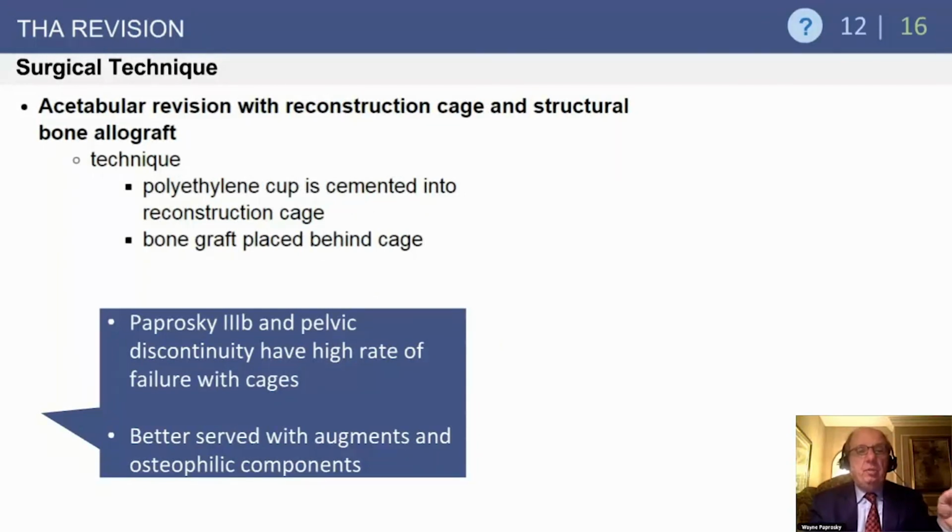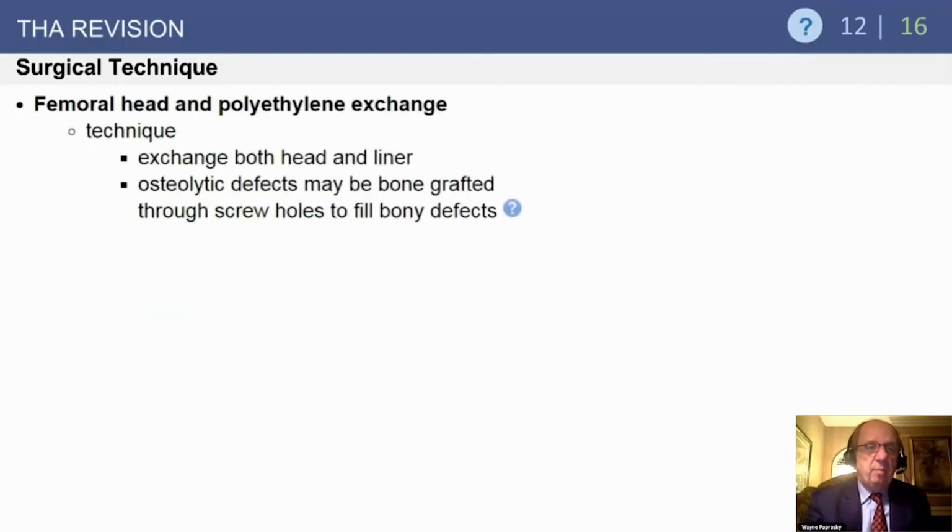Acetabular revision with a reconstructive cage and structural allograft: the polyethylene cup is cemented into the cage, with bone graft behind the cage. However, again, beware that these cages have a higher failure rate in 3Bs and discontinuities. Currently, these appear to be better served with the augments and the osteophilic components, such as these various new highly porous metals.